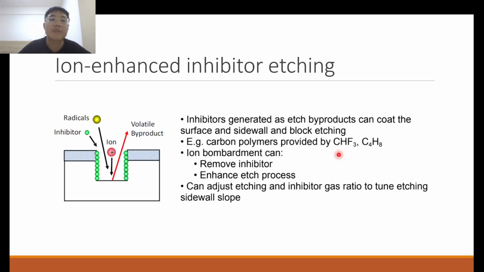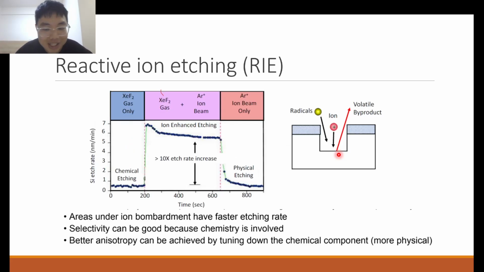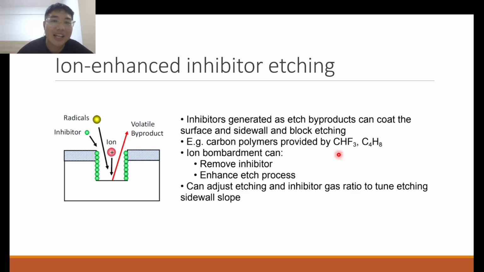Of course, your anisotropy factor, even with reactive ion etching, is not 1, but sometimes you really need it to be very close to 1. We really want very deep and narrow trenches, which requires a higher anisotropic etch. So we have this idea of ion enhanced inhibitor etching, where the inhibitors are generated by the addition of certain gases into your plasma.